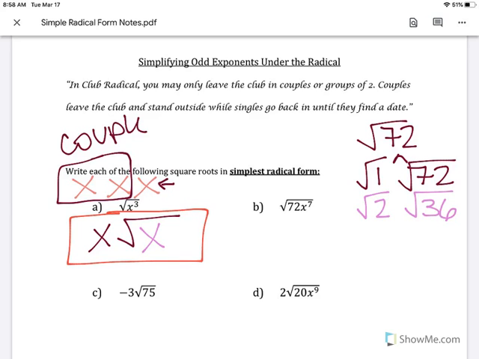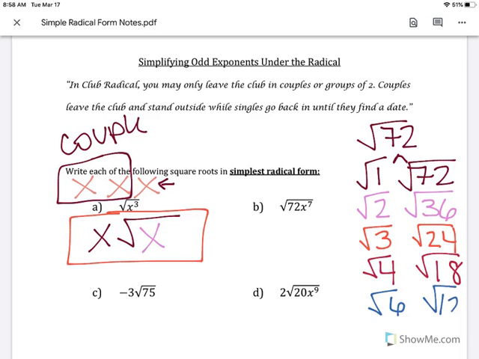If we keep on going, 3 and 24, and 4 should also work. So 4 and 18, going to run out of space here. And then 5 won't work, but 6 should. 6 and 12.